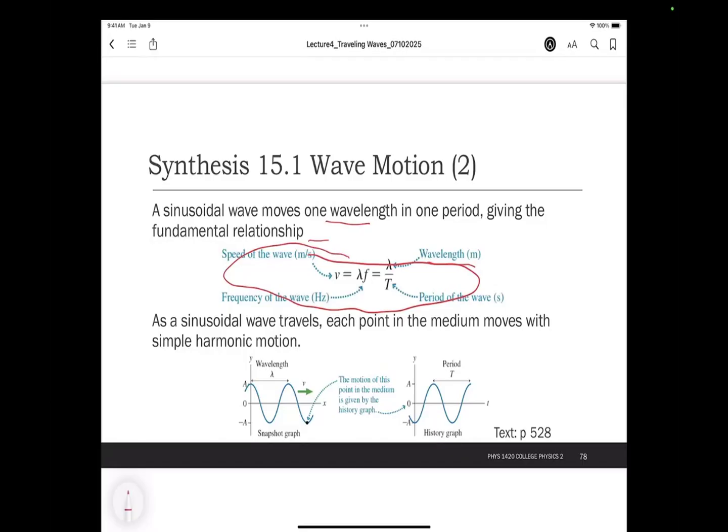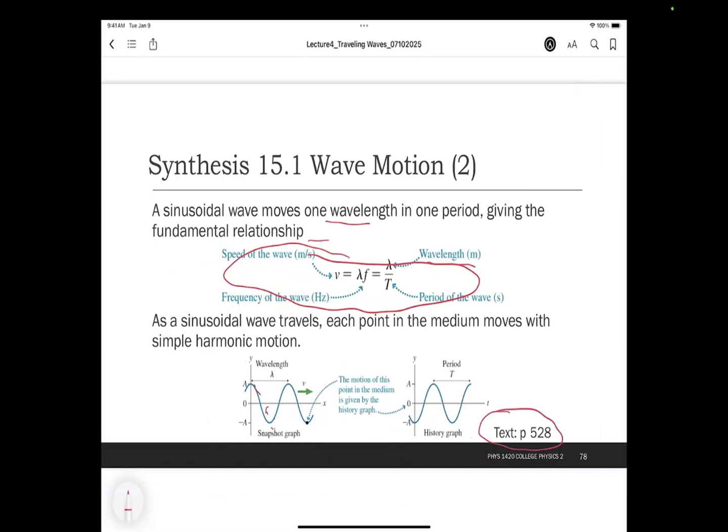And as a sinusoidal wave travels, each point in the medium moves with simple harmonic motion. We can represent it with a sinusoidal function. You can find this in the textbook, page 528.